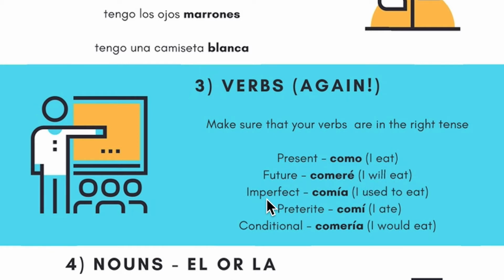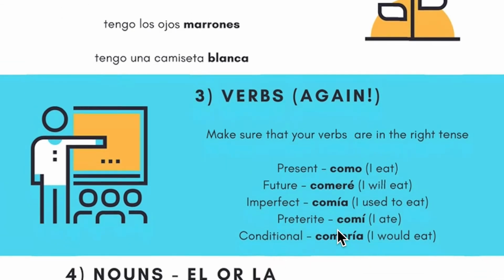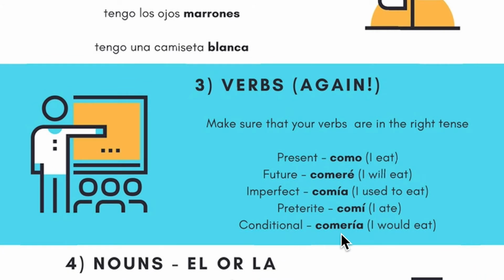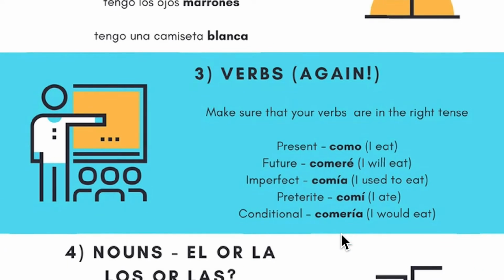Or the imperfect, comía, I used to eat. Or the preterite, comí, I ate. Or the conditional, comería, I would eat. So it's really important, if you can do it, to get the verbs in the right tense.